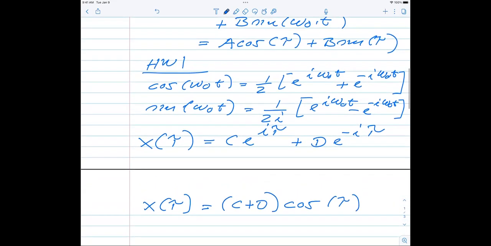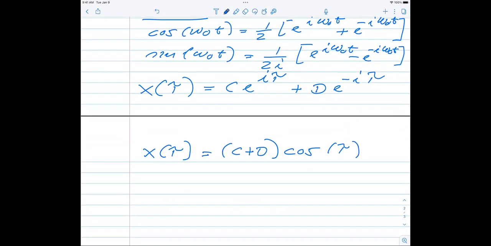What I'm doing now is simply taking this term, which has a factor of c, and adding this term d, which has a factor of e to the minus i tau. That means I can rewrite this as c plus d, plus a term i times c minus d, multiplied with a sine of tau.